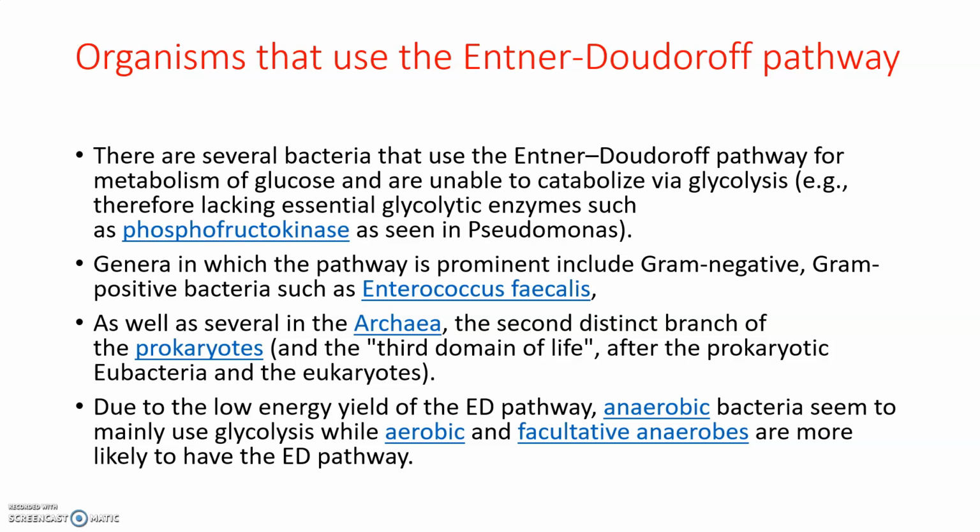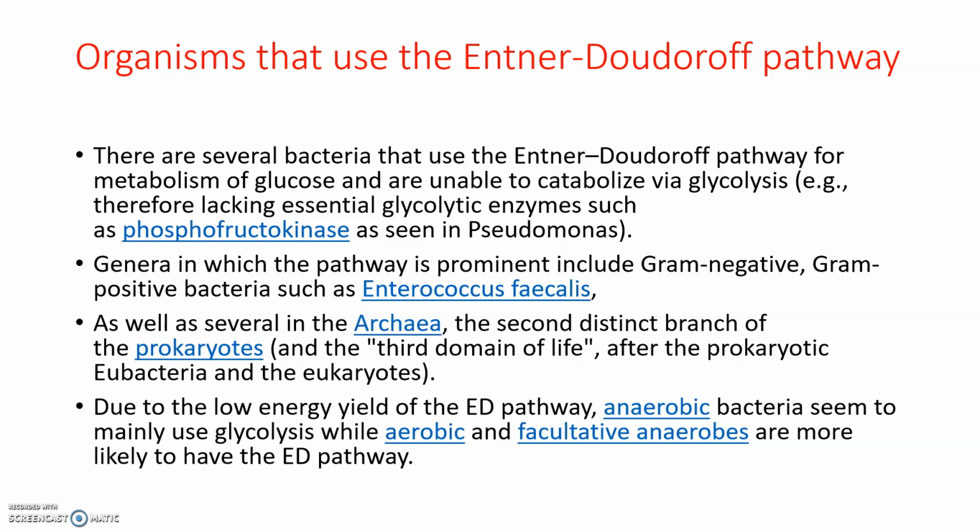The genera in which the pathway is prominent include gram-negative as well as gram-positive bacteria such as Enterococcus faecalis, which comes under gram-positive cocci, as well as several in the archaea, the second distinct branch of the prokaryotes.